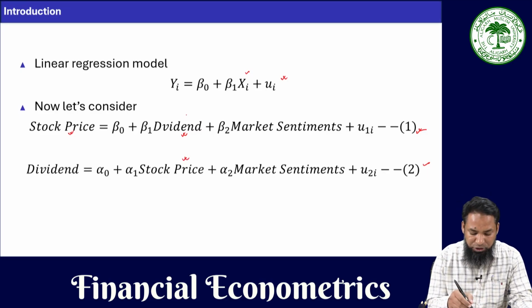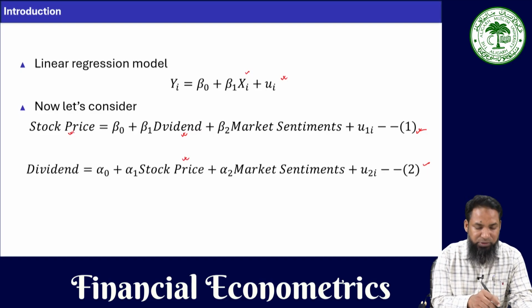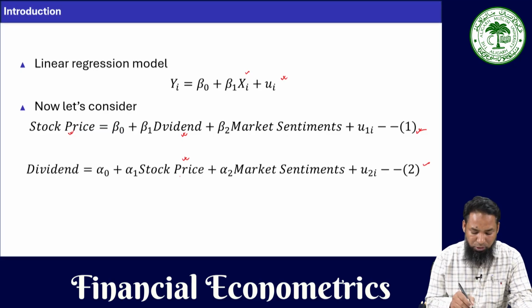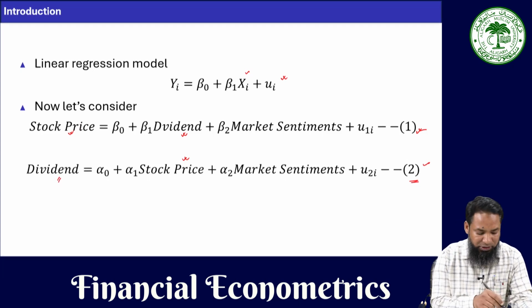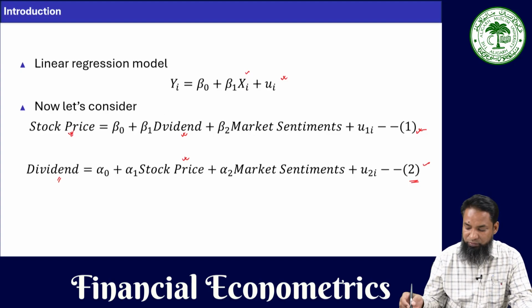So due to the change in the dividend, the stock prices will change, and due to the change in the stock prices, through equation 2, there will again be a change in the dividend. And again that change in the dividend will lead to a further change in the stock prices through equation 1.